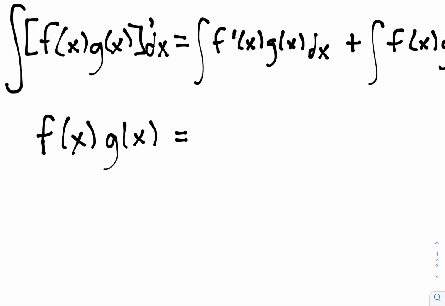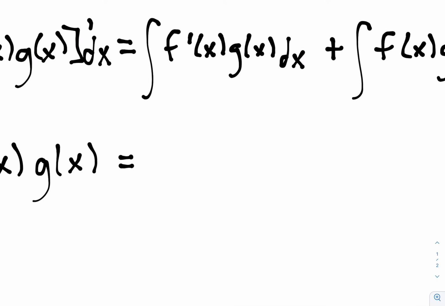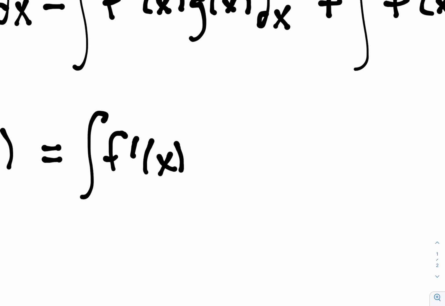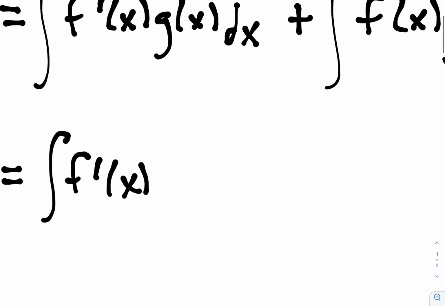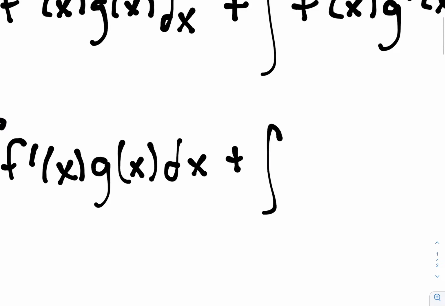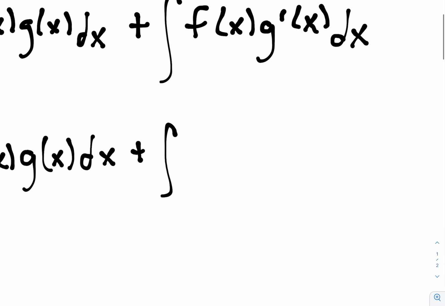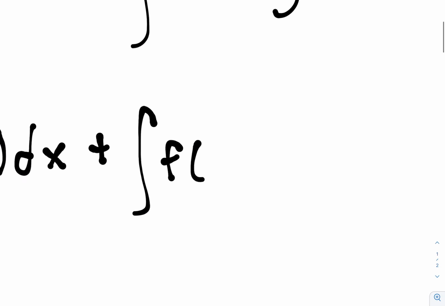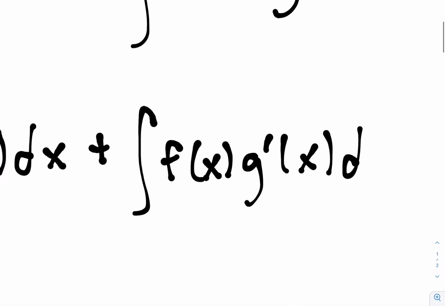So f of x times g of x is going to equal the integral of f prime of x times g of x dx, plus the integral of f of x times g prime of x dx.